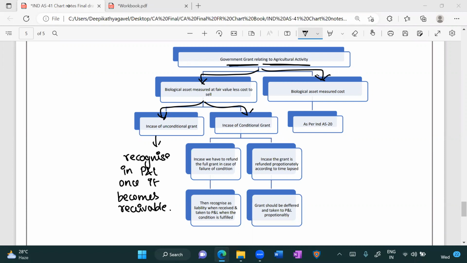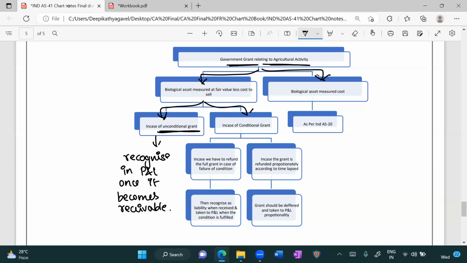Unconditional grant means the government has given you a grant, but they have said to use this money for whatever you want. They have not specified any use, or placed any condition, right? So in case your grant is unconditional, with no conditions attached, you will recognize the grant in your P&L when it becomes receivable.